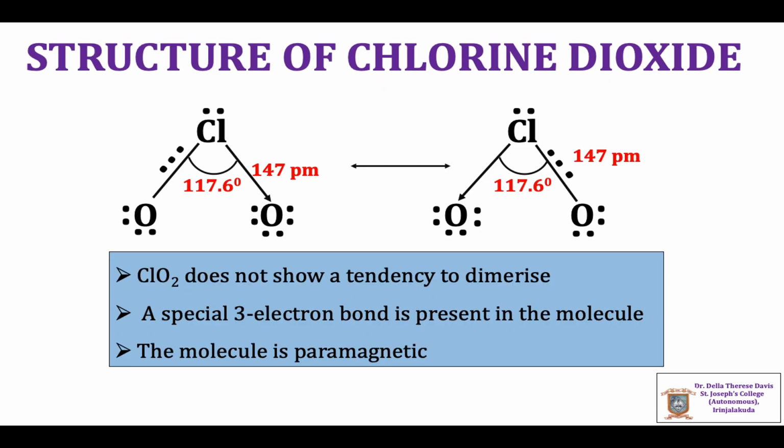The molecule ClO2 has a bent structure with both ClO bonds of same length. The bond length is 147 picometer and the bond angle is 117.6 degree.